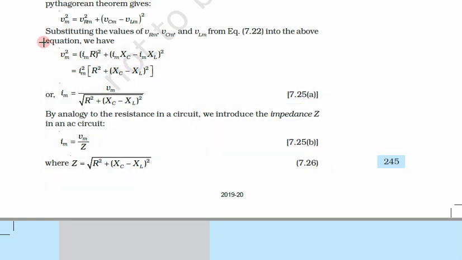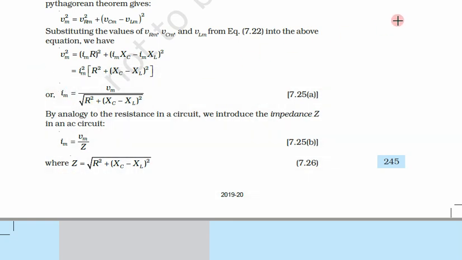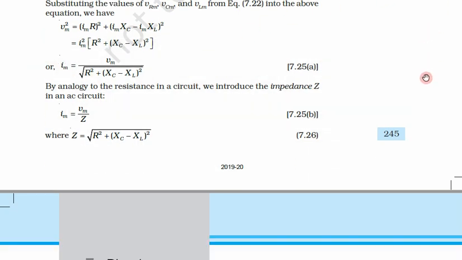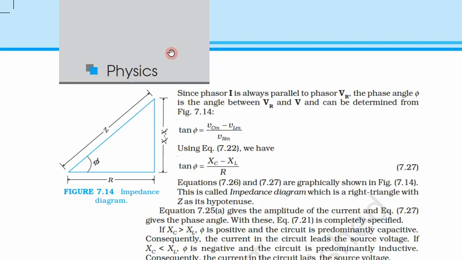Impedance has all of them, Xc, XL and R. So what is Z here? Z is equal to the square root of R square plus Xc minus XL square. This is called Z, and Z is impedance. Z is a very important quantity, because in most circuits, along with the resistance, there are some capacitive and inductive elements present.